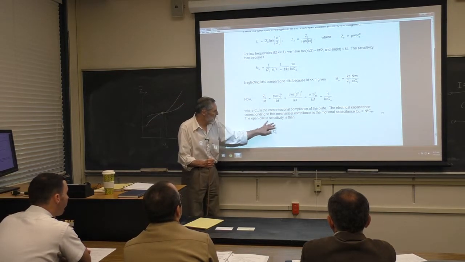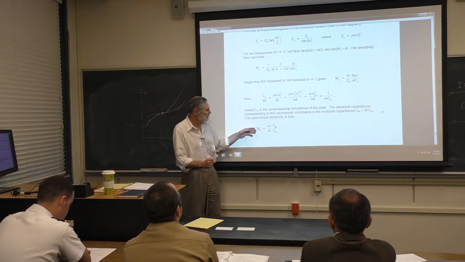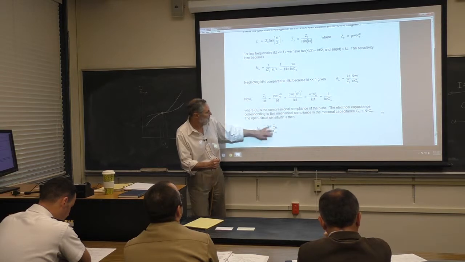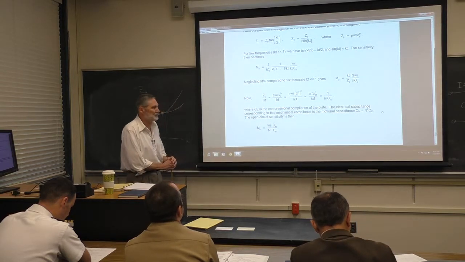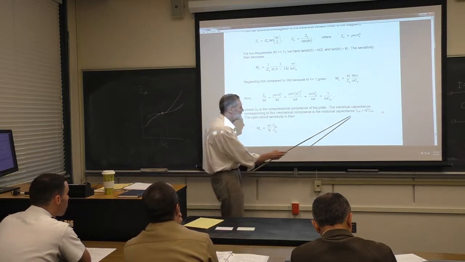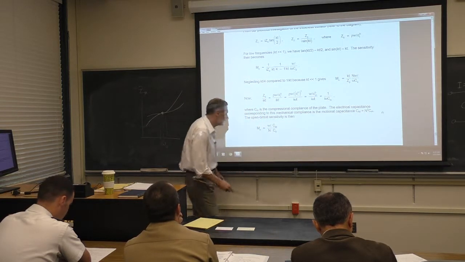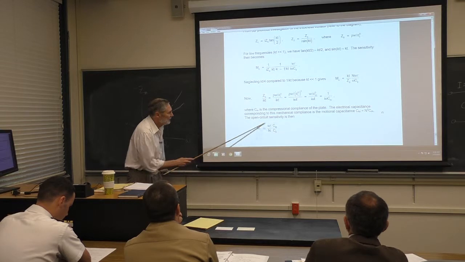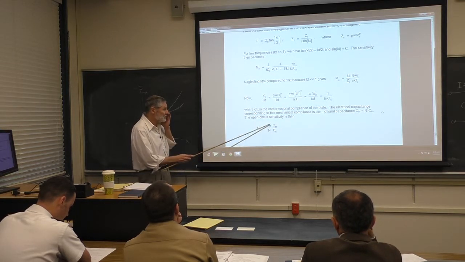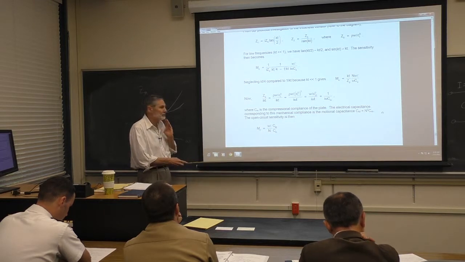This is usually the form that people will put a sensitivity in because this is dimensionless. It's convenient when you're dealing with dimensionless quantities. But ultimately, if you actually want to get in there and really calculate, you're going to have to probably come to grips with this, is my guess. But anyway, this is a nice way to state it. It's got this dimensionless quantity here, and some geometry, and then the ratio of the number of turns.